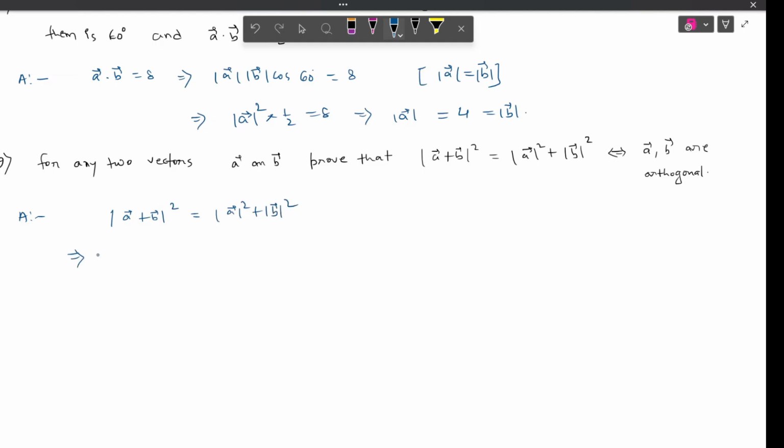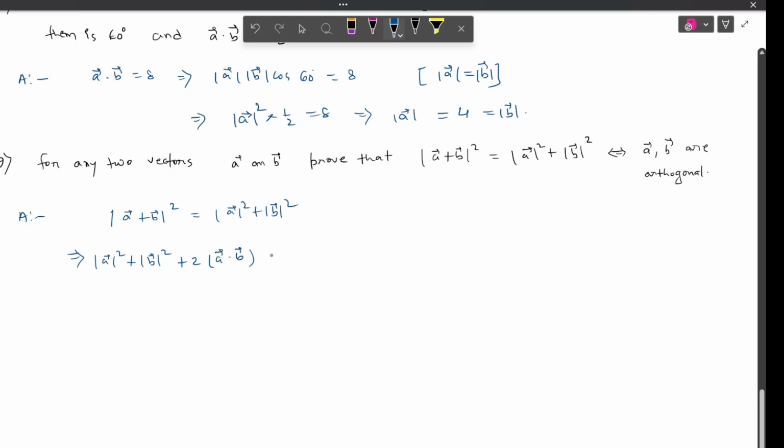Do we know mod of A plus B square? It is modulus of A square plus modulus of B square plus twice A dot B. That equals mod of A square plus mod of B square.